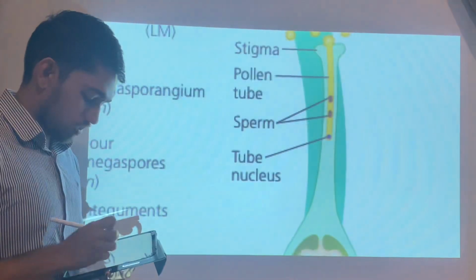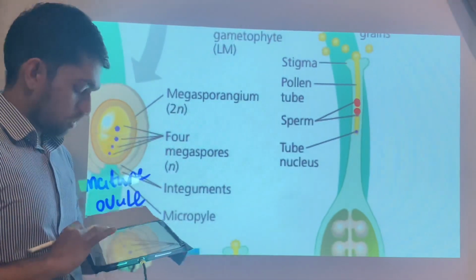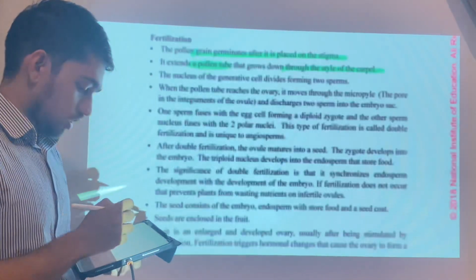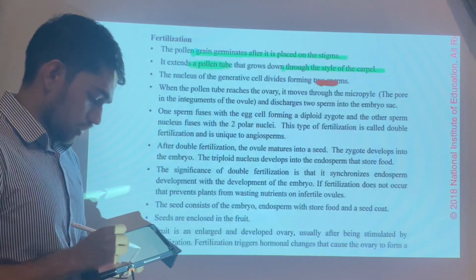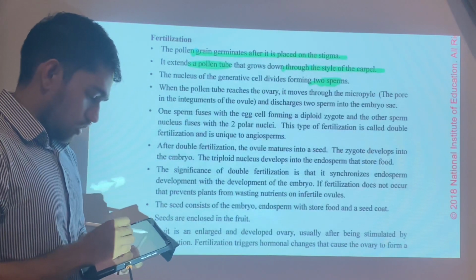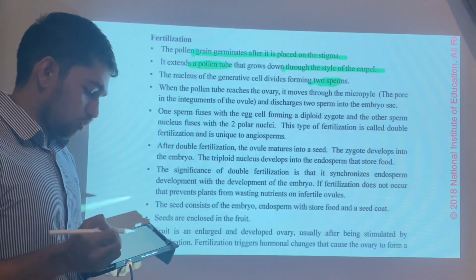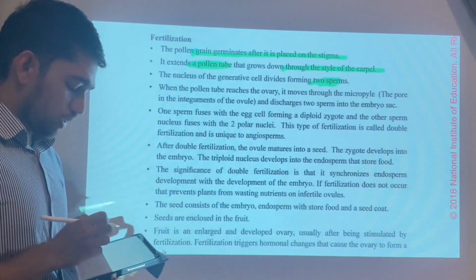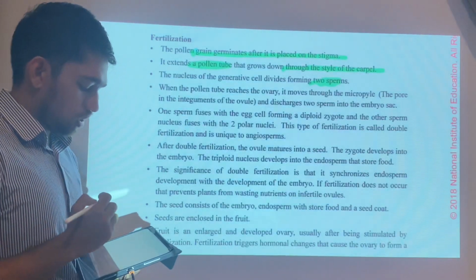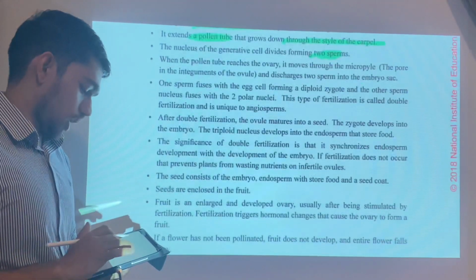So these are the 2 sperms. Can you see? So from the generative cell, we get 2 sperms. When the pollen tube reaches the ovary, it will move through the micropyle. It's a pore in the integument, and discharges the 2 sperms into the embryo sac.